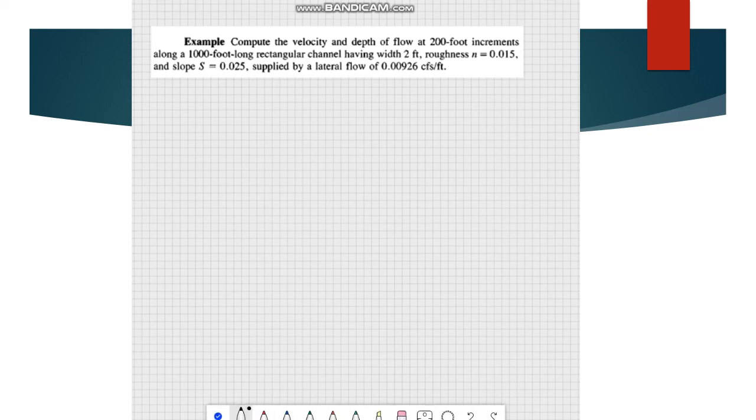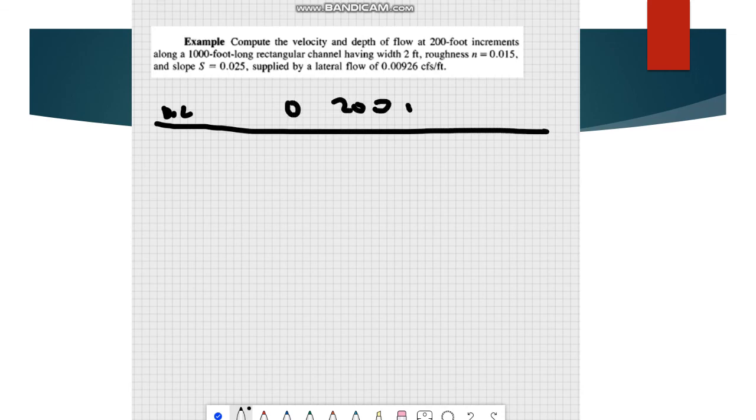So let's make a table. Distance, let's say L, is gonna start from 0, 200, 400, 600, 800, and then it's gonna go to 1000.